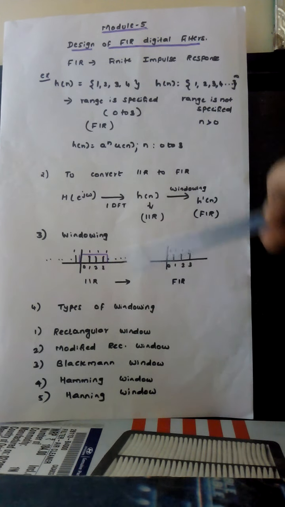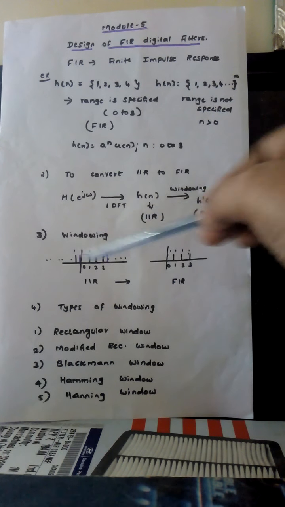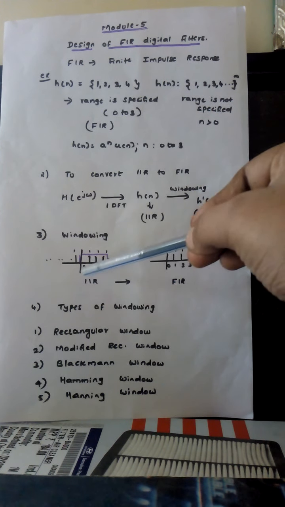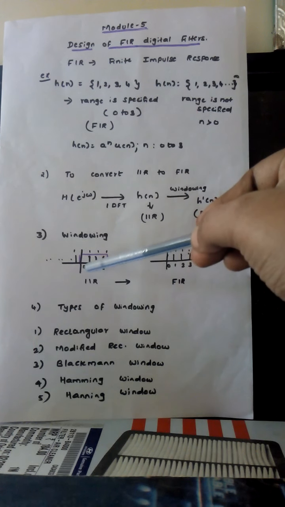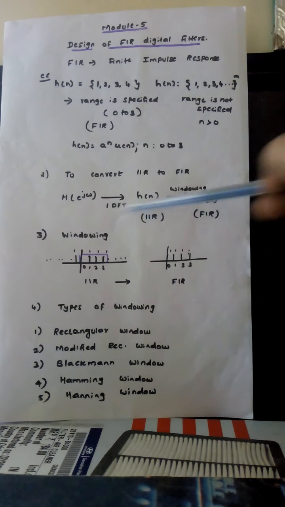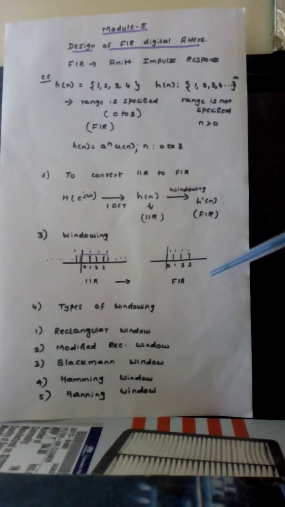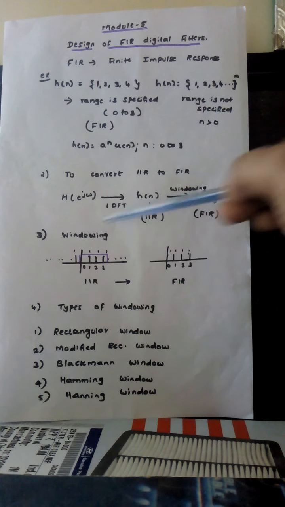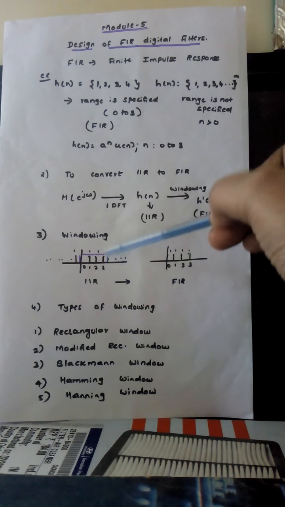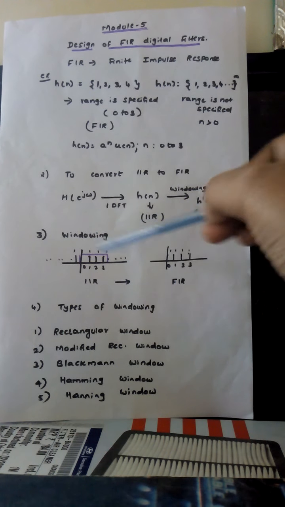So now the third one. An IIR filter will have an n value that varies from 0 to infinity and 0 to minus infinity, correct? To get this IIR into a FIR, we have to give it to the windowing technique. So we have to select some specified range, and that will be given to the windowing here.